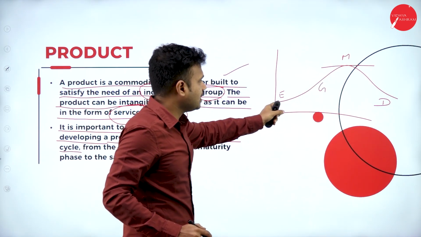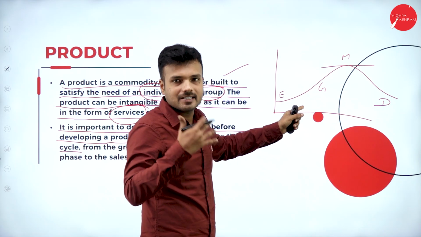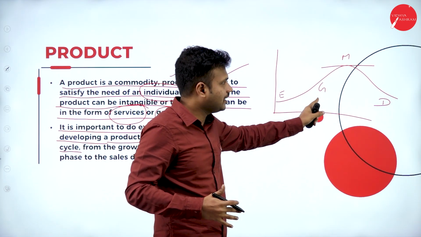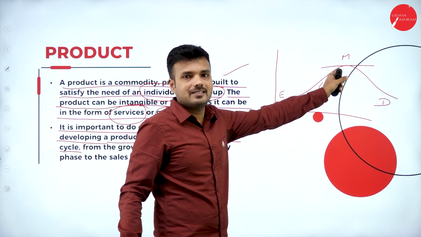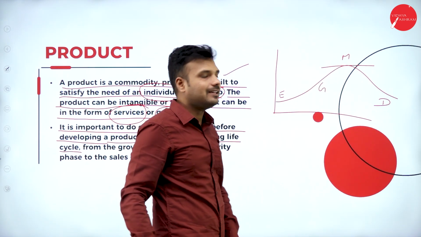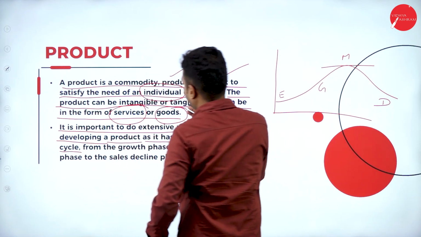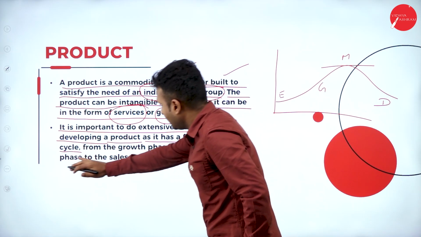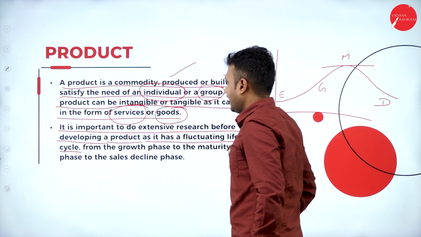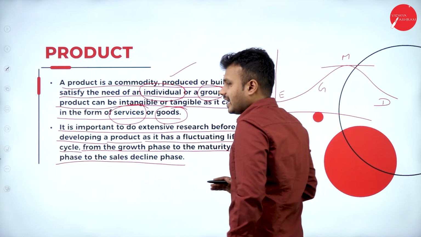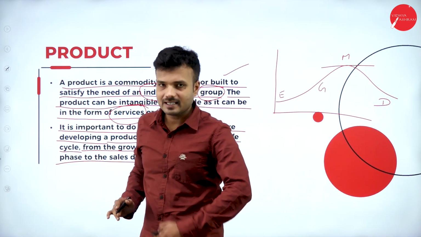The first stage is the entry phase, when the product is very new to the market, followed by the growth phase, then the peak stage, the maturity phase, and then the decline phase. We are supposed to study all the phases that I explained in the previous session.